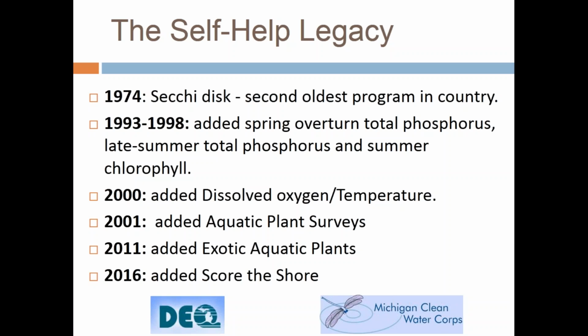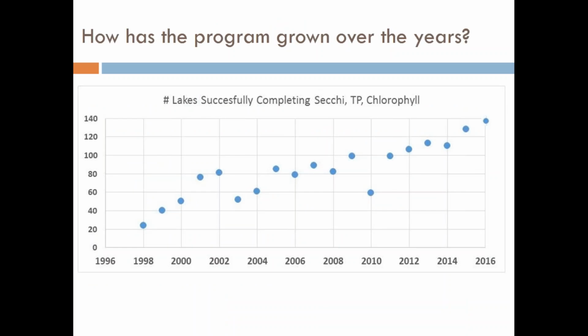As the program has grown and there's been a demand for it, we've added spring phosphorus. We now measure dissolved oxygen and temperature, plants. And just this past summer in 2016, the most recent parameter, Score the Shore, was officially added to the program. And the program has just seen tremendous growth over the years.